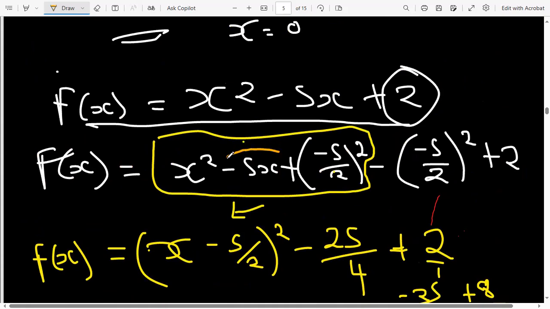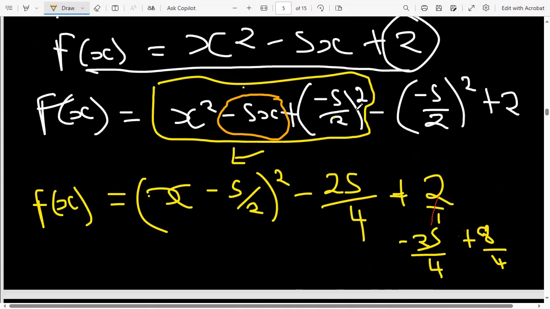Yes. I don't know if you were there at the beginning of the class. We said these three terms here form what we call a perfect square. When you're forming a perfect square, you just simply ignore the term that has x. You concentrate on this term here and this term here. But if you were to expand this x minus 5 over 2 squared, you will still get this same expression with the 5x included.